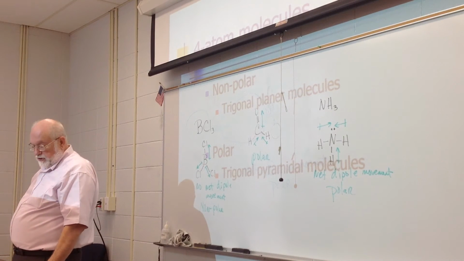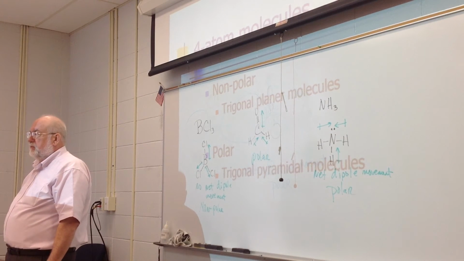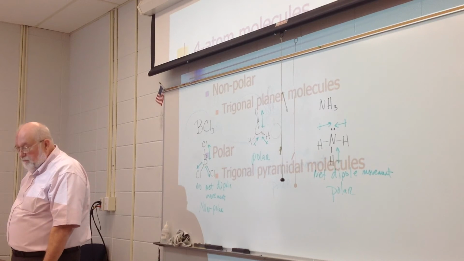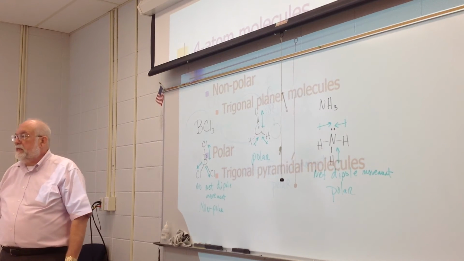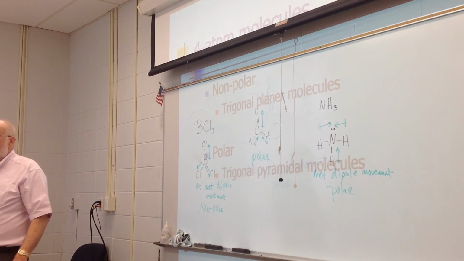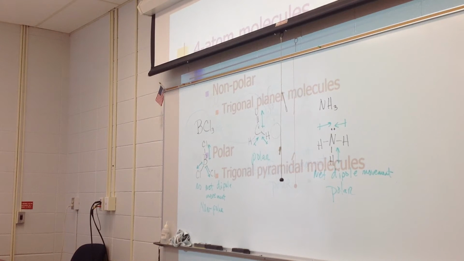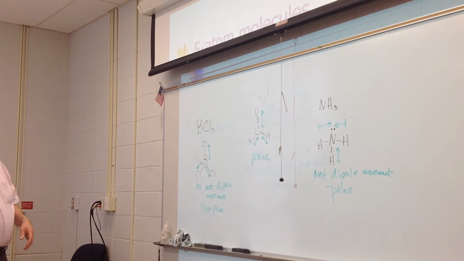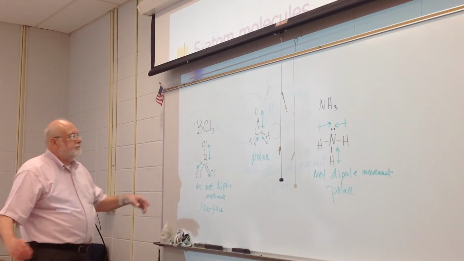Even if it's just 2 different elements that make it up. Okay? So, pretty simple. Well, let's just kick it up one more notch. And let's go to a 5-atom molecule.